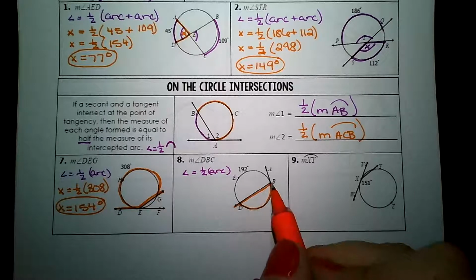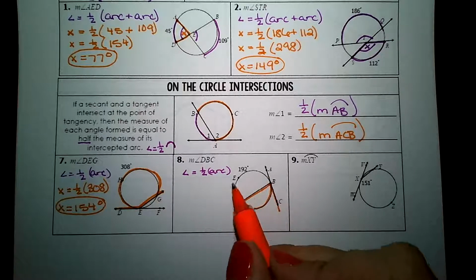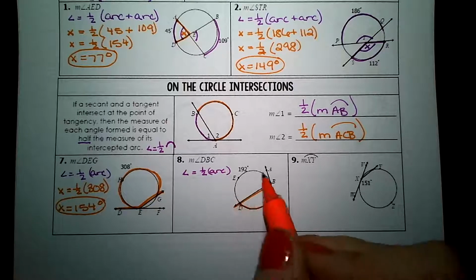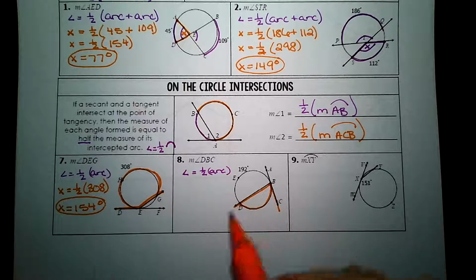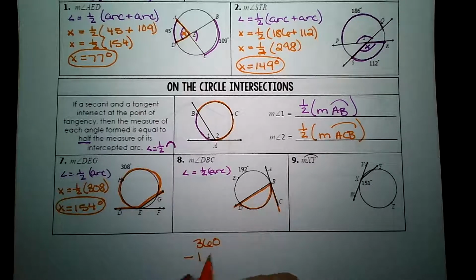What is given is this big 192-degree major arc on the top part of the circle. If a circle adds up to 360 degrees total and the major arc is 192 degrees, whatever's left after subtracting will be the minor arc. And I get 168 degrees when I subtract those.